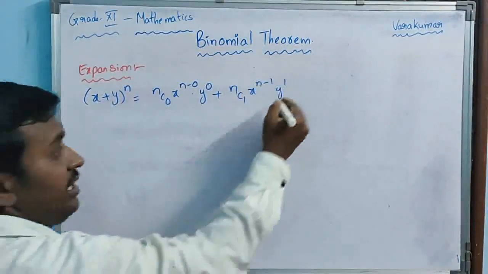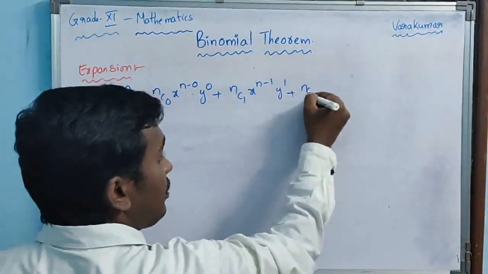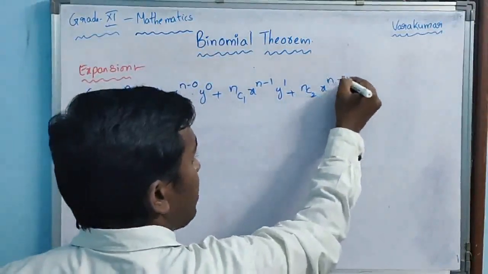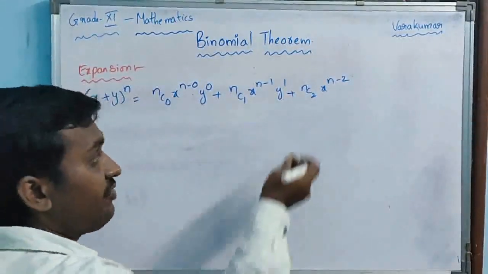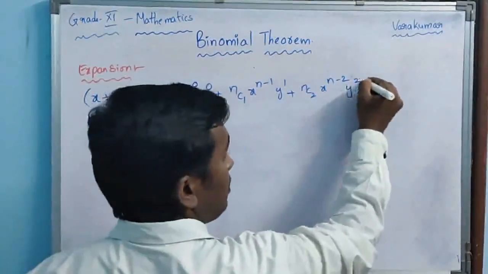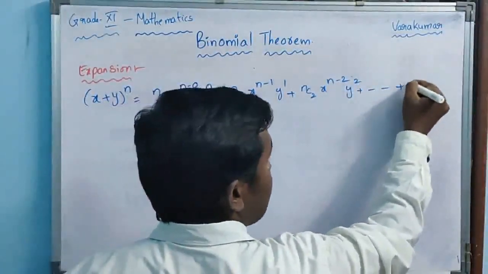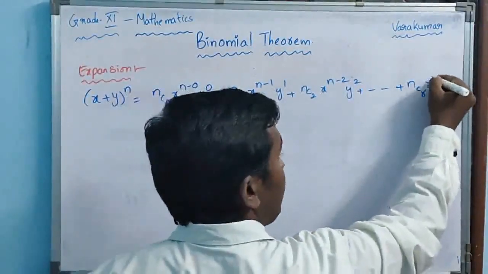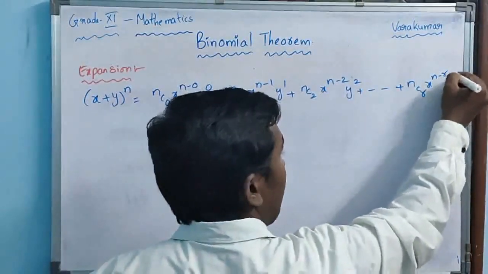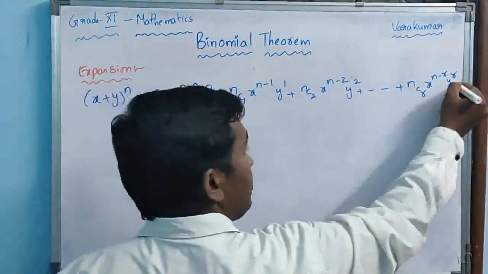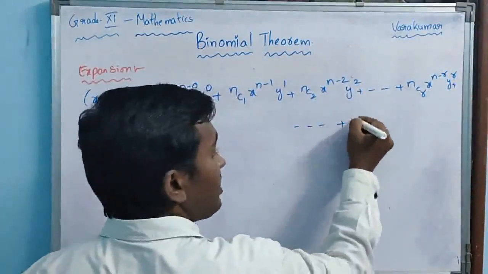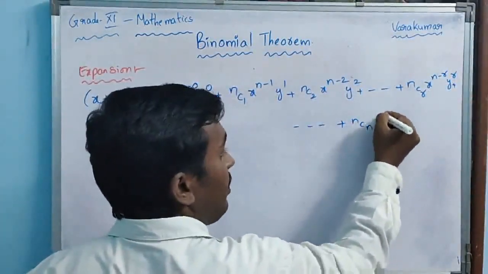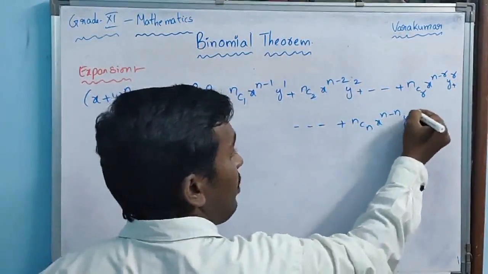Then similarly nC2, x power n minus 2 and the foot is 2, and so on. nCr, x power n minus r, y power r, and so on. Last term nCn, x power n minus n, y power n.